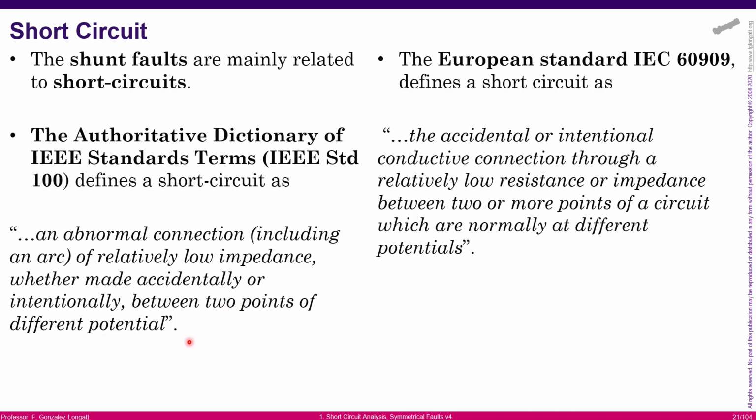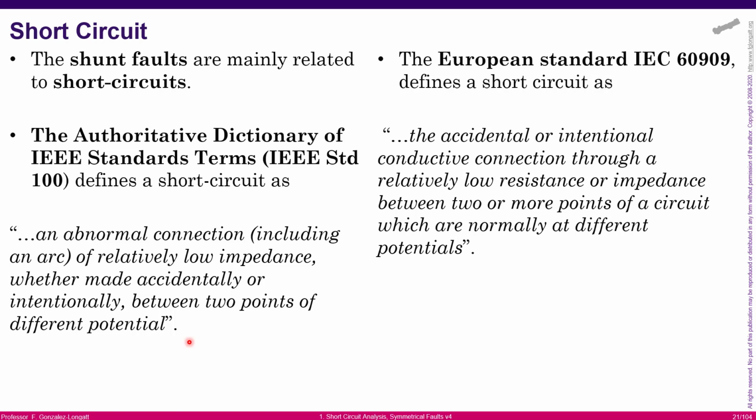Okay? I don't know if you realize, but here we cover all the flags. First, we are talking about a low conductivity path. Okay? Then that path is between two points or even more, but those points must have different potential.